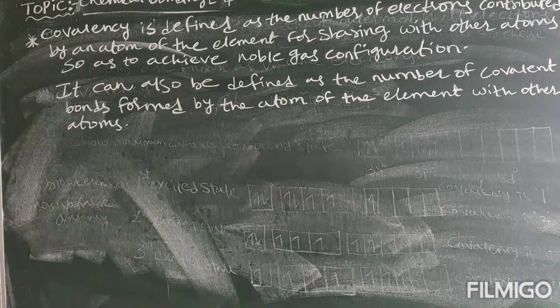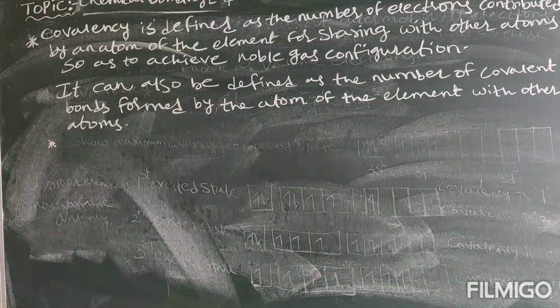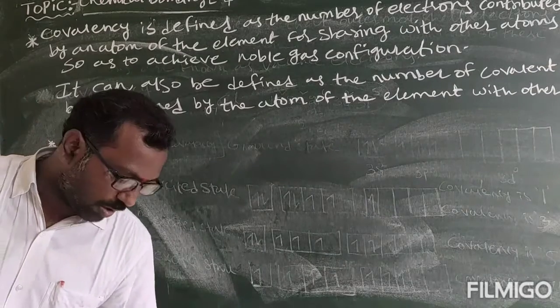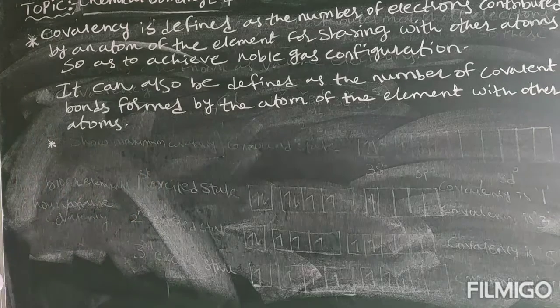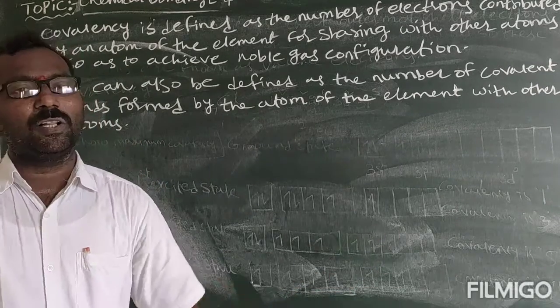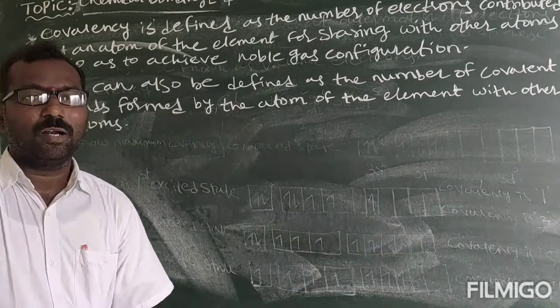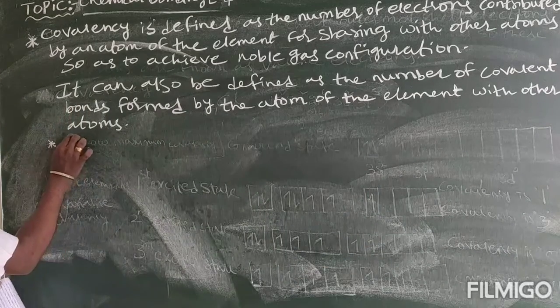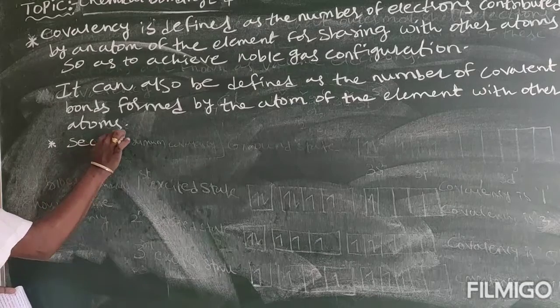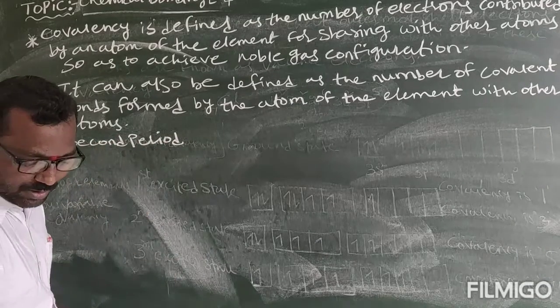covalency is this. Next, second period elements cannot have covalency more than 4. Okay, why? Means they don't have the d orbitals. No, d orbital starts with 3. Is it or not? So we have to write this point. Second period, most important for competitive exams.